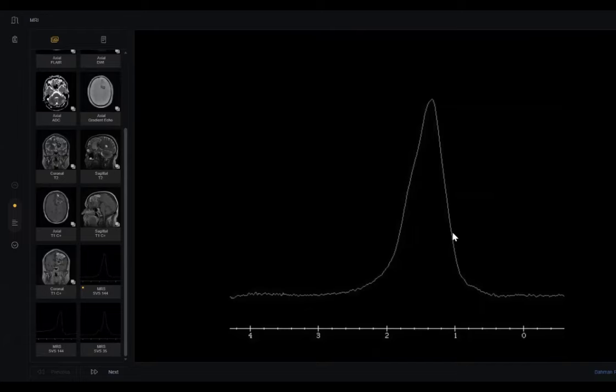Next is N-acetyl aspartate. After that, at about 3 or 3.3, is the choline.